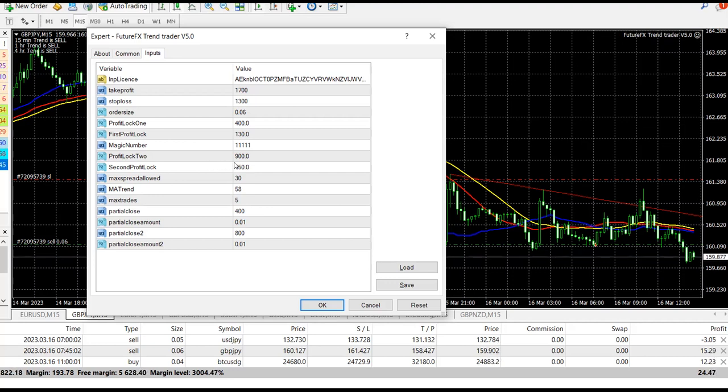But things like gold, crypto, and indices, the max spread allowed will have to be changed. What you need to change it to will depend on what broker you're using.